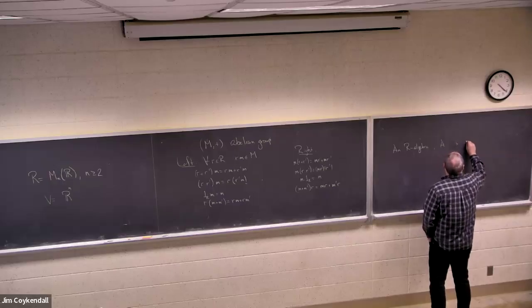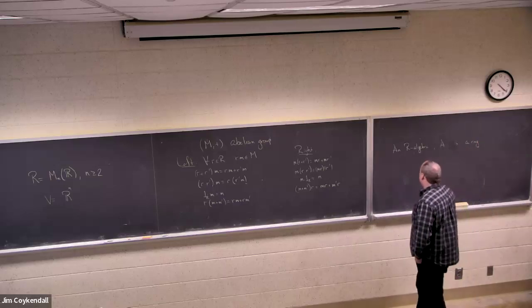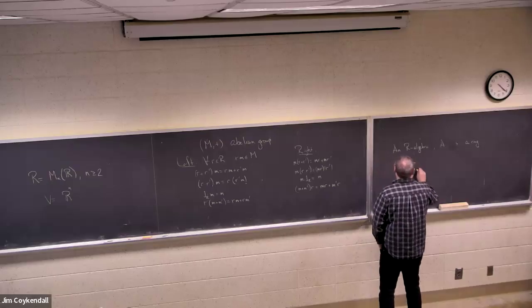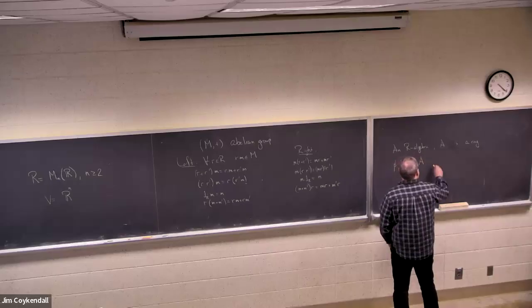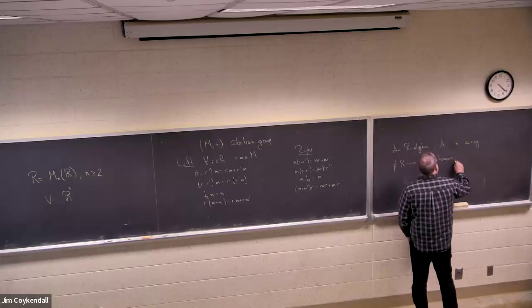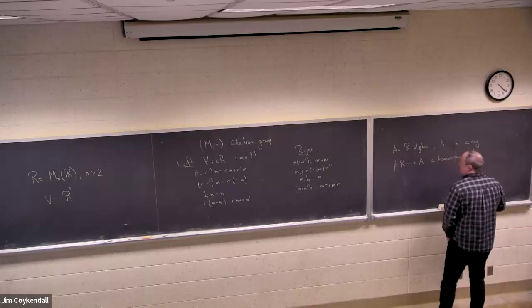A is a ring, and you have this ring homomorphism. And we emphasize here, it is a ring homomorphism.